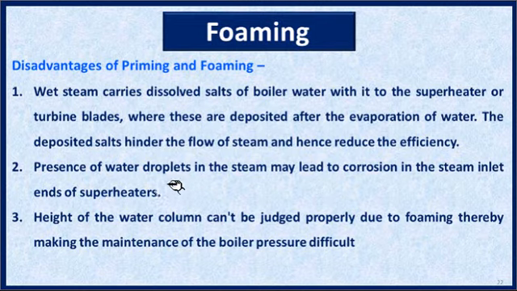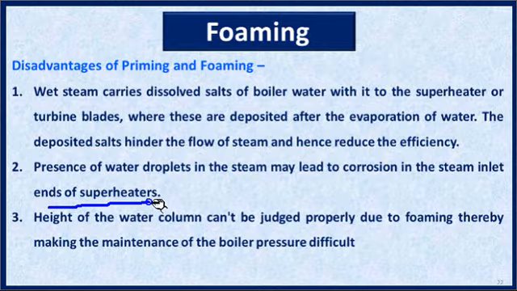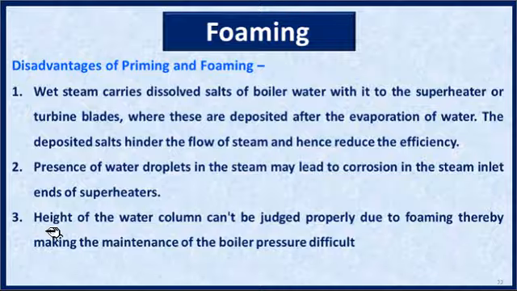Second, the presence of water droplets in the steam may lead to corrosion at the steam inlet ends of the superheater, which also decreases the efficiency. So these are the disadvantages of priming. And due to foaming, the height of the water column cannot be judged properly.